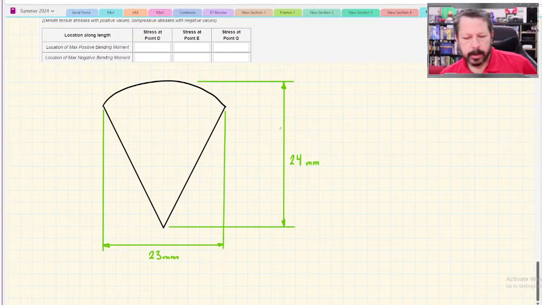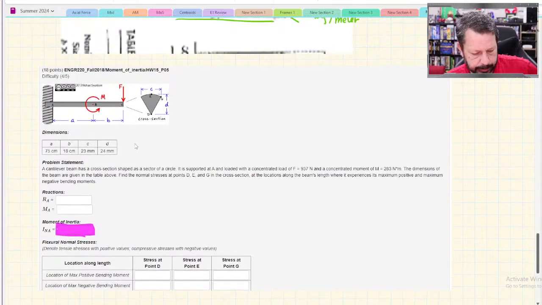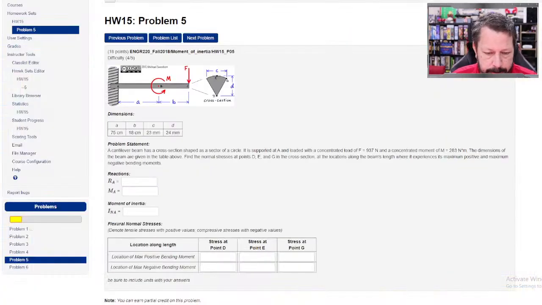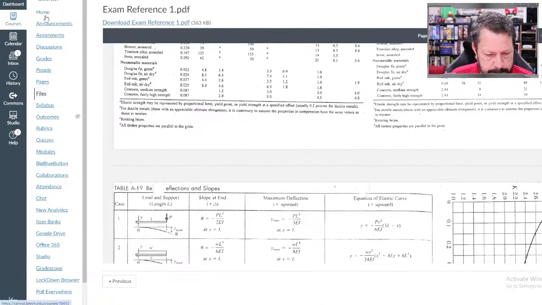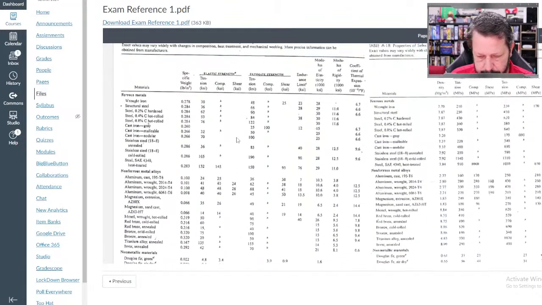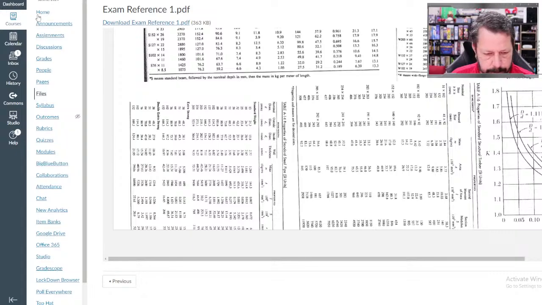Okay. First, we need to find where's the neutral axis, right? I don't know the centroid of a sector of a circle, so we're going to have to look up our chart. I think it's power to the 4th over 4, maybe, but I don't know. Let's see. Oh, that might be in here. There's our beam deflections. No centroids in that one.